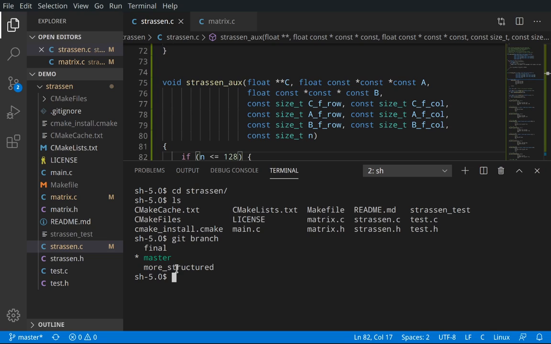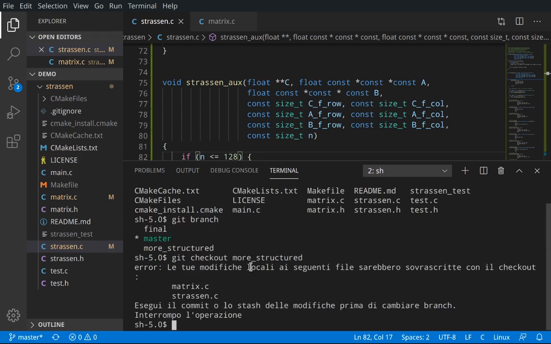So this branch reports a different version of the code, and let me go there just for the sake of clarity. So checkout more struct. Okay.